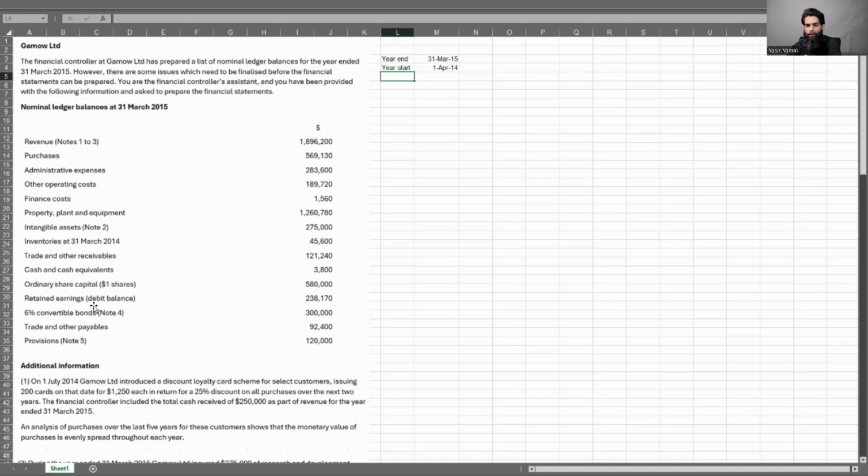Can any one of you tell me what you mean by a retained earnings debit balance? What do you mean by that? Generally, you see, yes, very good. It's a loss. It's a negative retained earnings. You see, retained earnings is always part of equity.